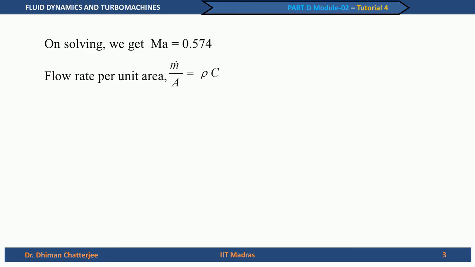Now, flow rate per unit area m dot is given by rho times c, because we know that m dot is nothing but rho times c times A, where c is our usual nomenclature for velocity. So, this velocity can be determined in terms of Mach number. Mach number is nothing but c by cs, where cs is the speed of sound, which means that if I know the speed of sound cs, I can find out c.